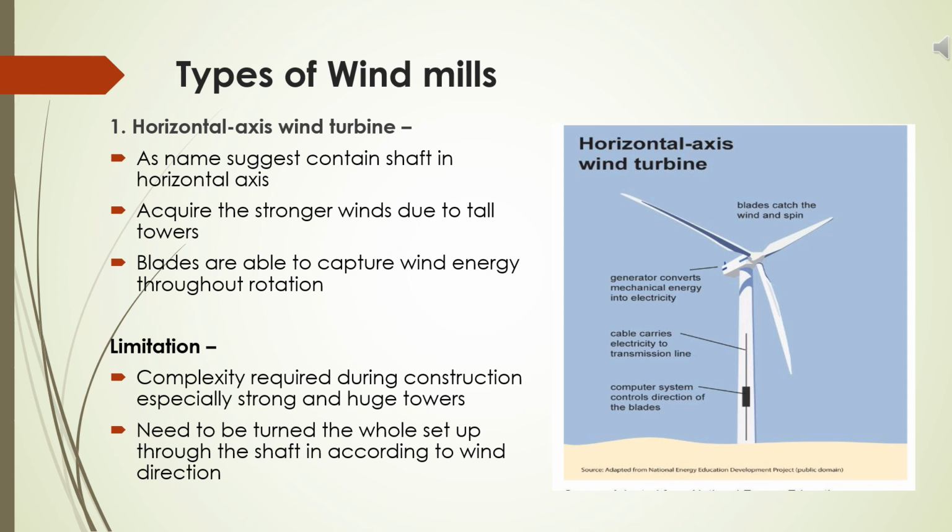Because of this, complexity is associated with these types of windmill. Secondly, if the direction of the wind is not facing the blade properly, then it is required to turn the whole setup through the shaft according to the wind direction. And it is really very difficult to adjust the whole setup according to the wind direction.